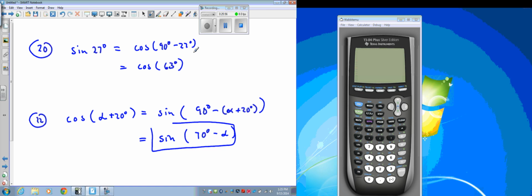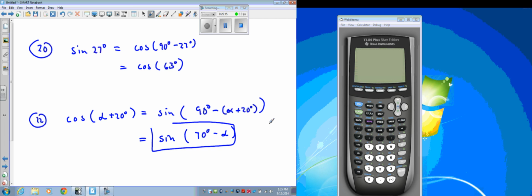Because it's always 90 minus it. So the cofunction of sine is cosine, and then 90 minus this is the complement. And then you simplify. All right? That's what you do with all those.